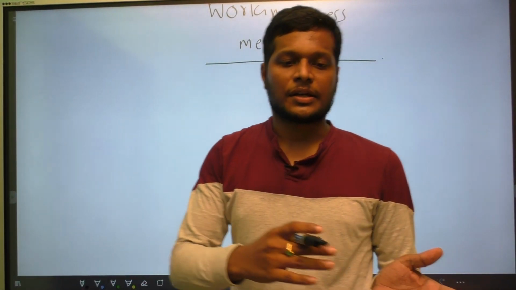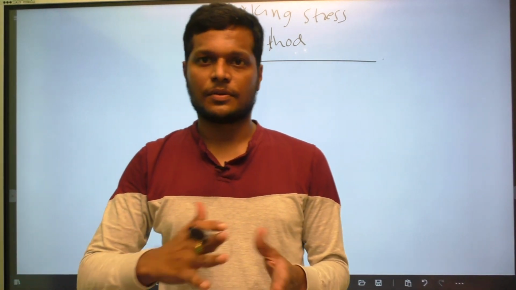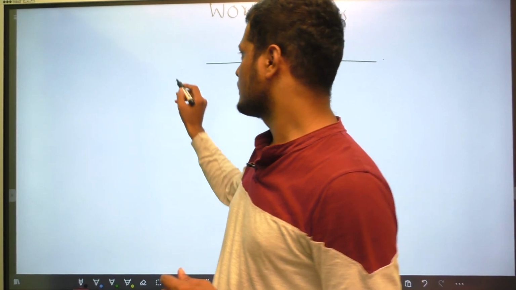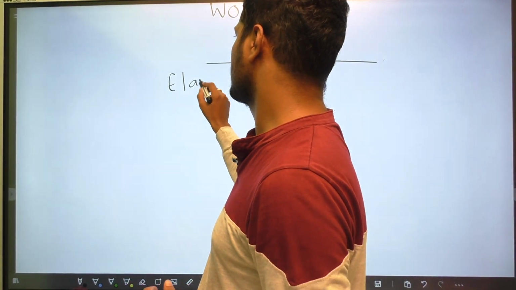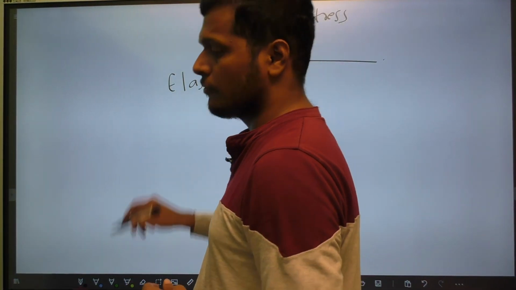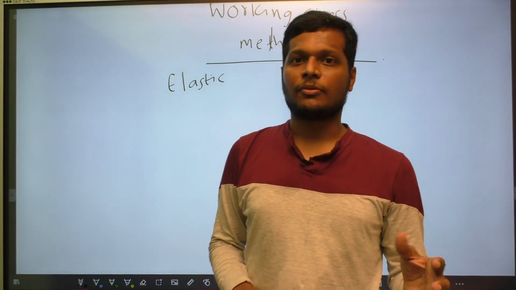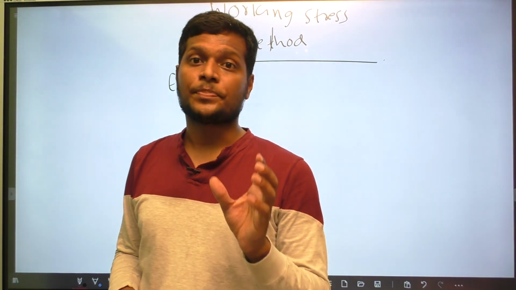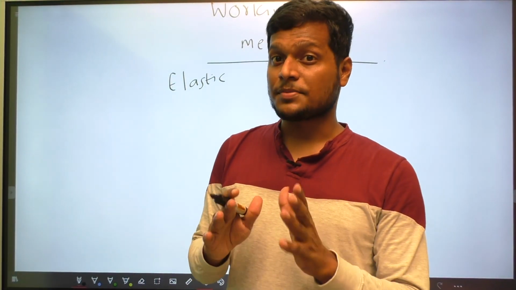In the introduction class itself I already discussed what the working stress method is. This is based on elastic theory. What is elastic theory? In strength of materials we already studied the bending stress chapter, where we studied some assumptions for elastic theory.